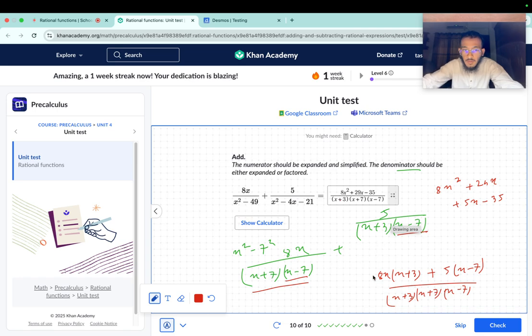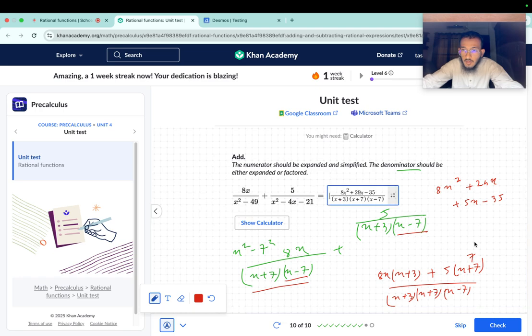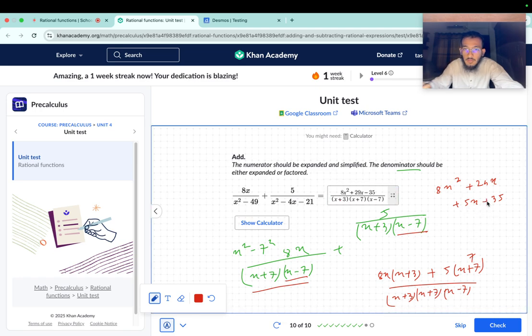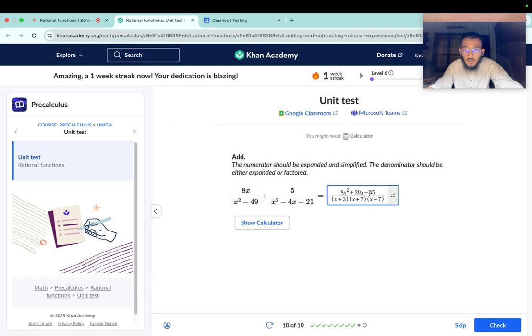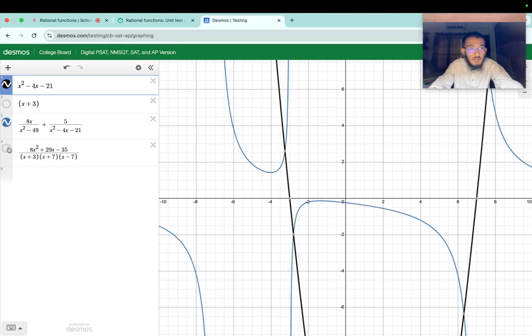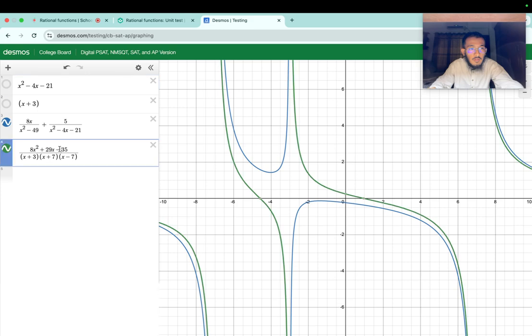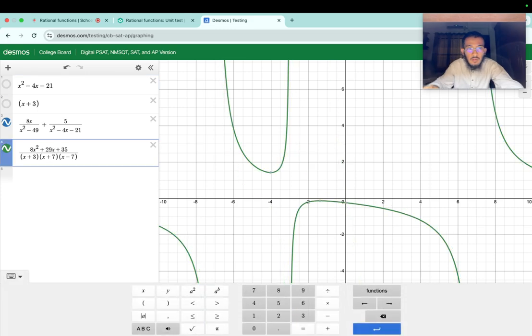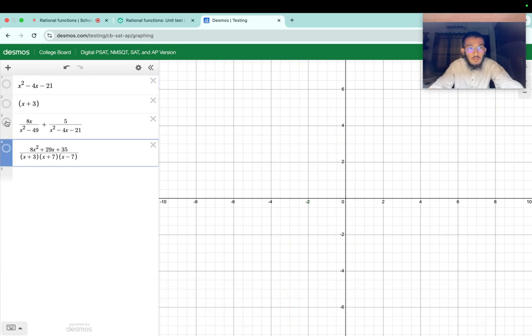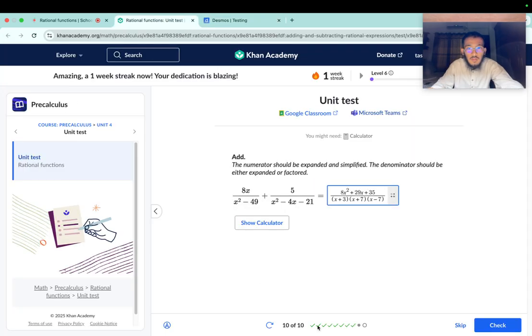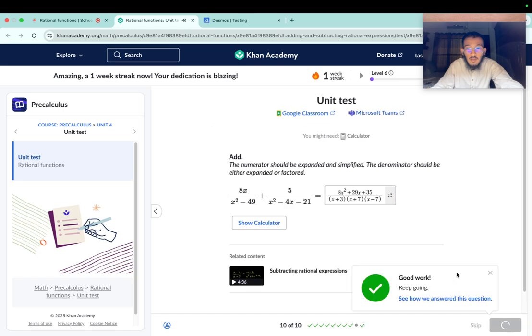This is x plus 7, because for 5 we only have x minus 7 here, so this will be x plus 7. So this will be plus 35. Now it should be okay. Let's see. Plus 35. Yep, it is the same now. So that is our answer, and the end of this unit test.